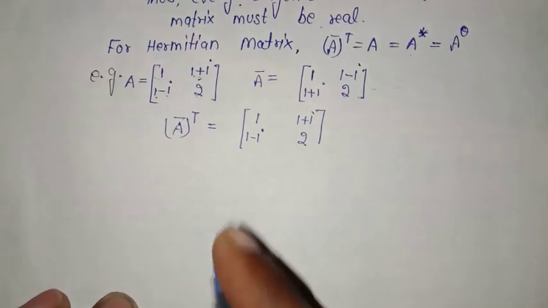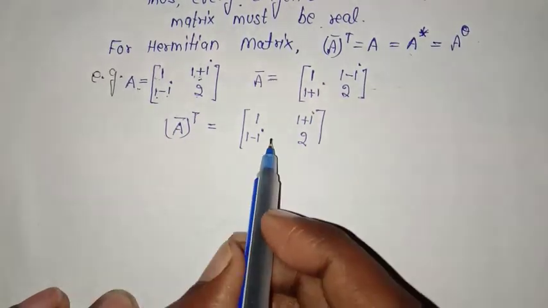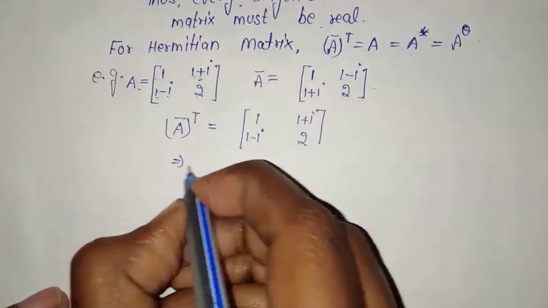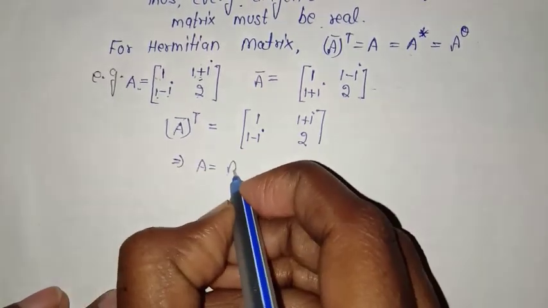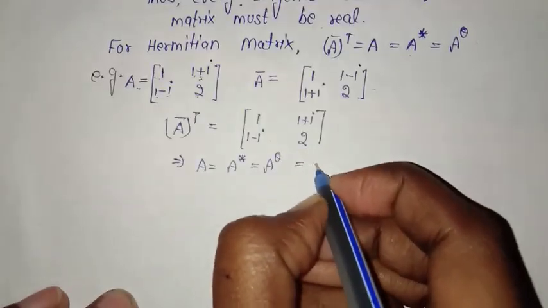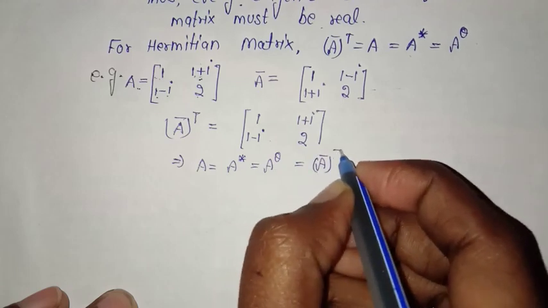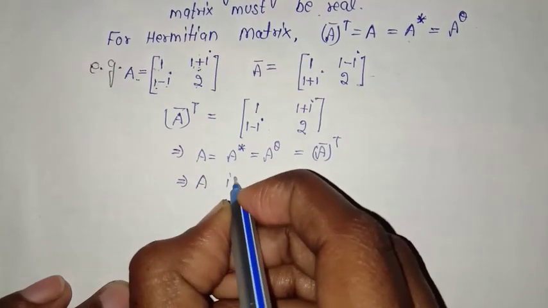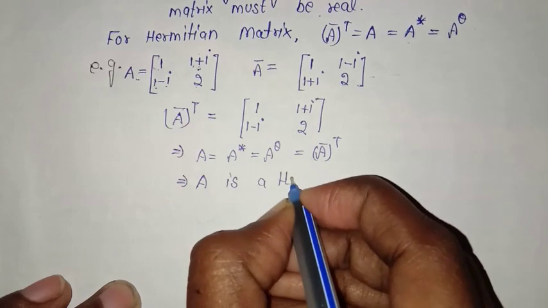Now if you compare the given matrix with this matrix, they are equal, that is A is equal to A star or A theta, the conjugated transpose of A. So from here we can conclude that the matrix that we have taken is a Hermitian matrix.